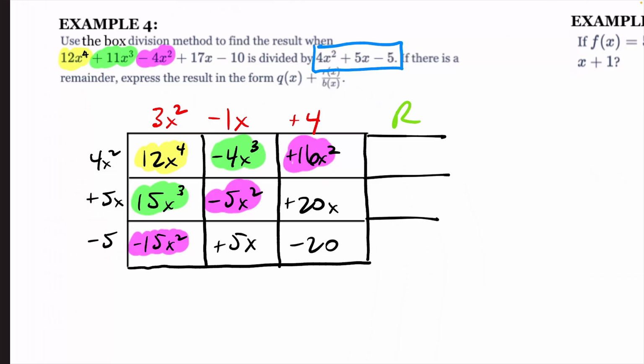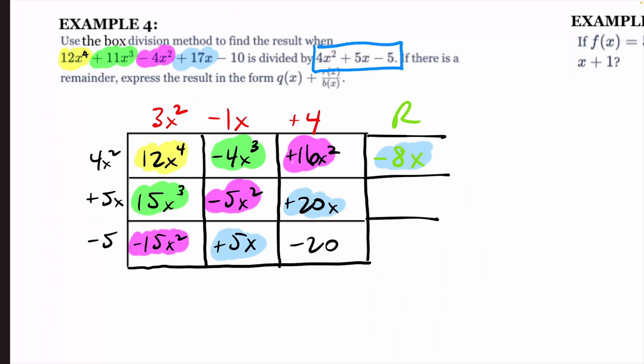Okay, so the next one is 17x. This guy plus this guy plus this guy have to make 17x. So it's going to be negative 8. 20 plus 5 is 25, so I got to subtract. So negative 8x. Now I don't have to do any more multiplying because this is the remainder column, right?